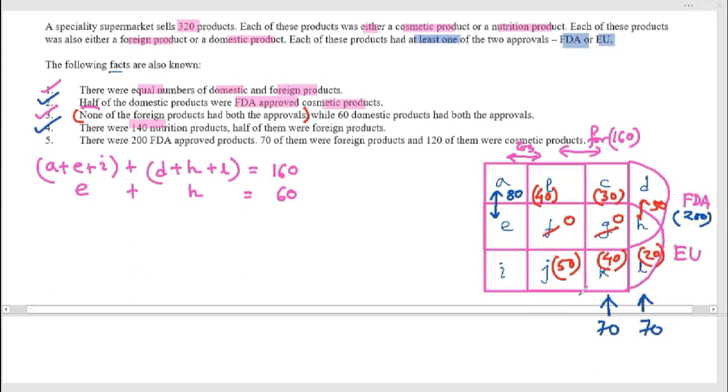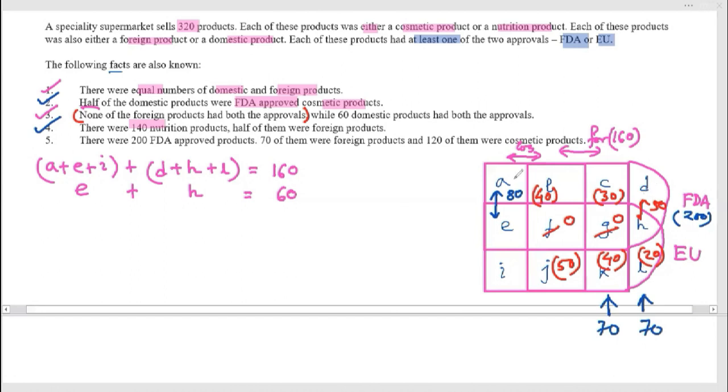Or can I get anything more? Acha, this one. I can find how much the AEI value has been given. Half of the domestic products were FDA approved cosmetic products. Equal number of domestic and foreign products.